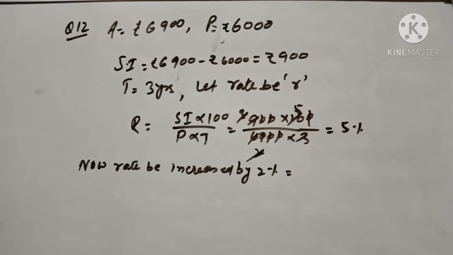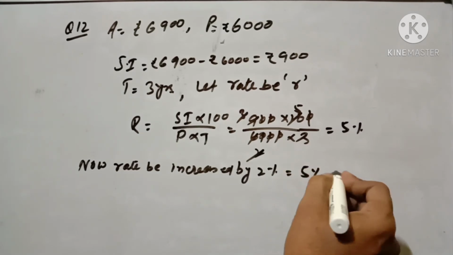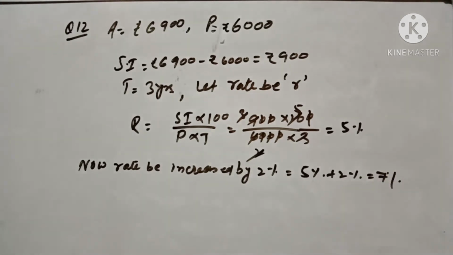According to the question it is given, now rate is increased by 2%, means our rate has come 5% plus 2% equal to 7%. Now when increased, what do we have to find? SI. When 2% increase, we have to find out the SI.